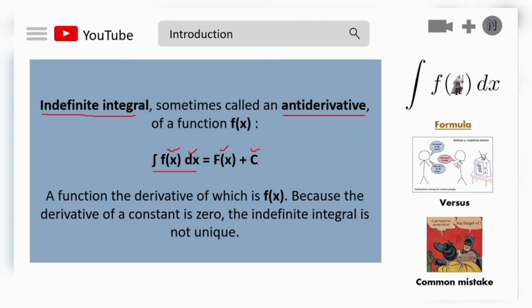We will see more after this. It is a function whose derivative is f(x), because the derivative of a constant is 0, so the indefinite integral is not unique.